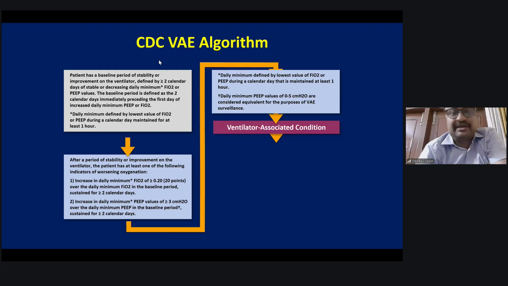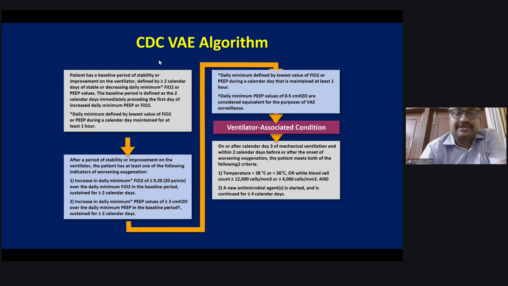Number one is ventilator associated condition. A patient who is stable on ventilator after 48 hours, if the patient has FiO2 requirement increase by 0.2 or PEEP requirement increase by greater than 3 for 2 consecutive days, then we will coin this term ventilator associated condition.